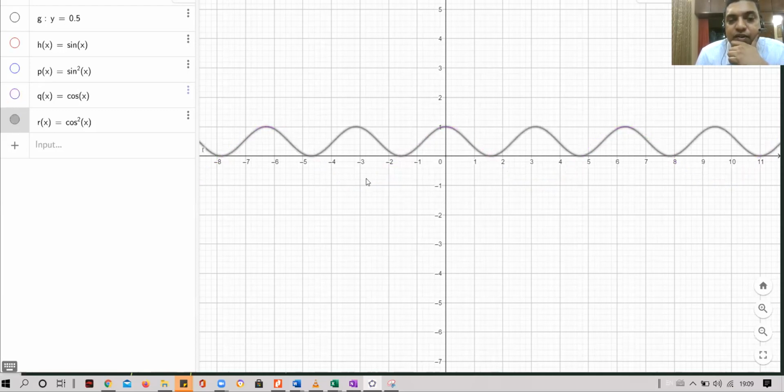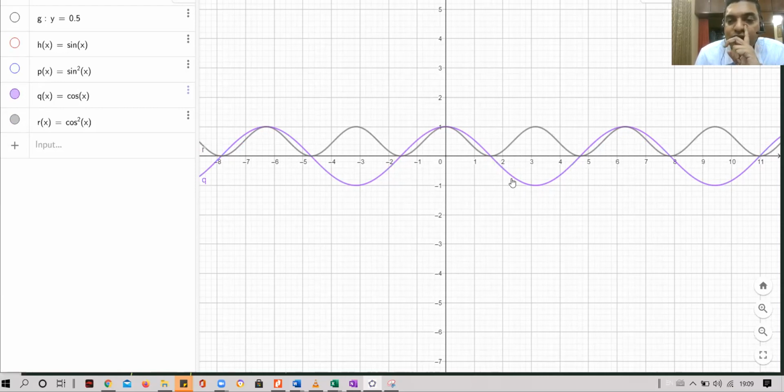Cos square x, however, the period is pi. After every pi, every 3.14, it repeats itself. What's happening is the negative portion, because of the square, goes to positive.